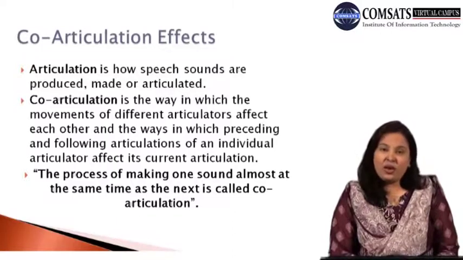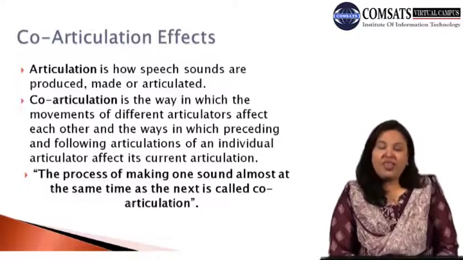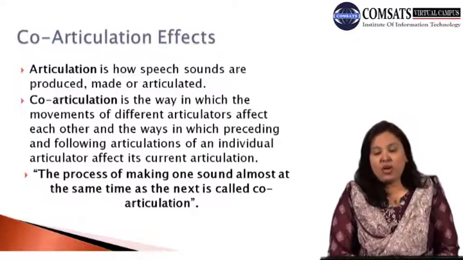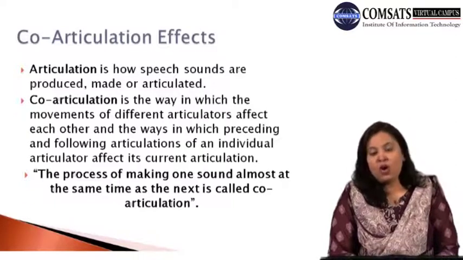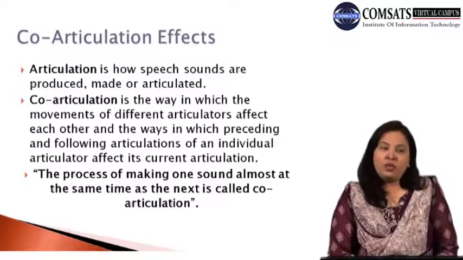So this co-articulation is how the movements of different articulators, different speech organs, affect each other, and the ways in which preceding and following articulations of an individual articulator affect its current articulation.